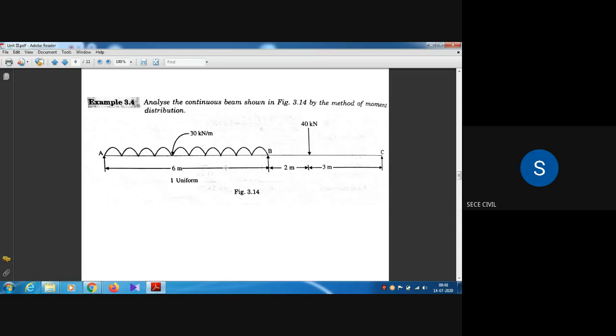What are the results, or what is the final step of this analysis of these beams? Whether you're understanding what I'm asking. Finally, what we are calculating, that only I'm asking. Can anyone answer? Mohan Kumar?